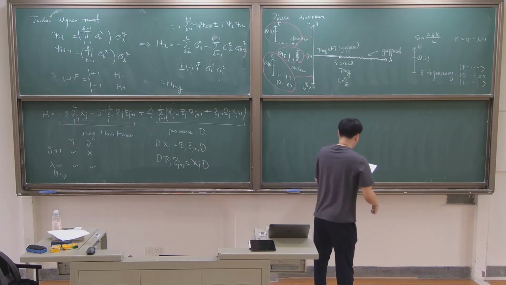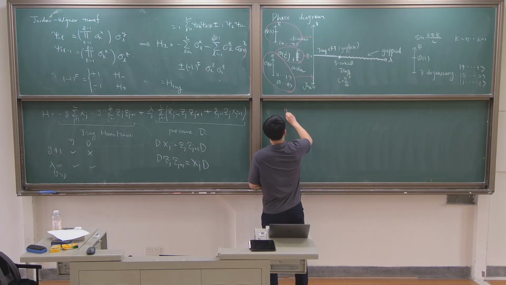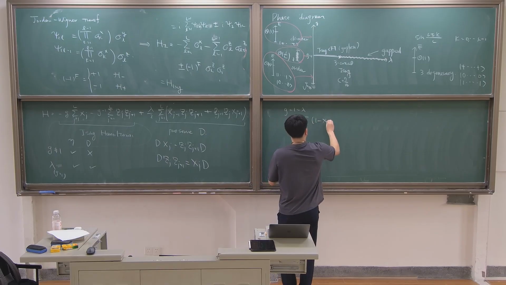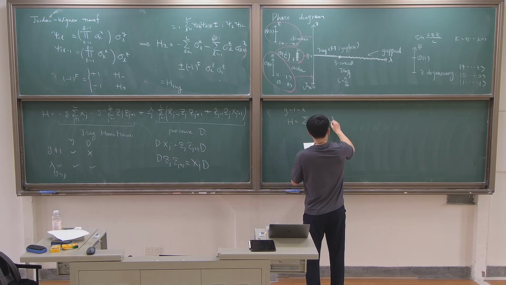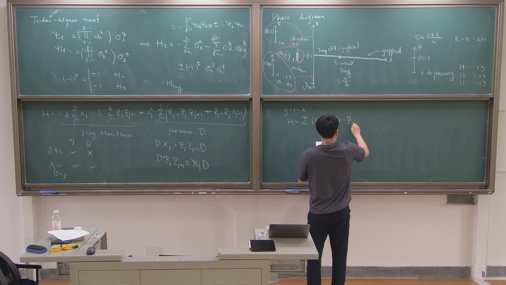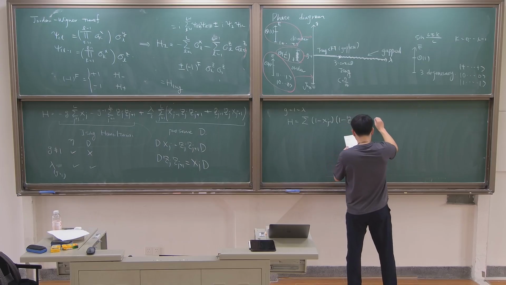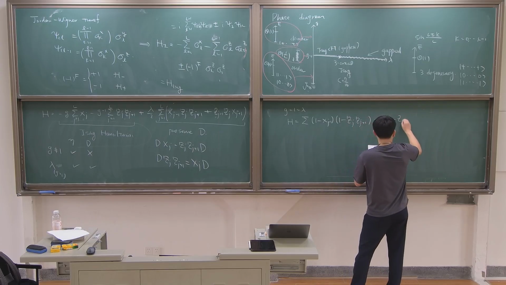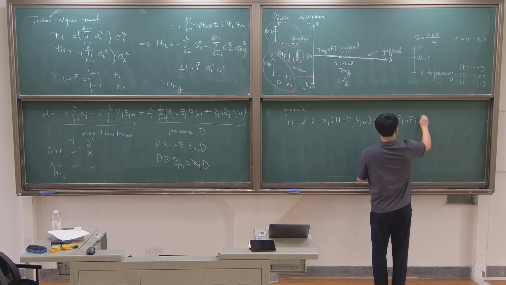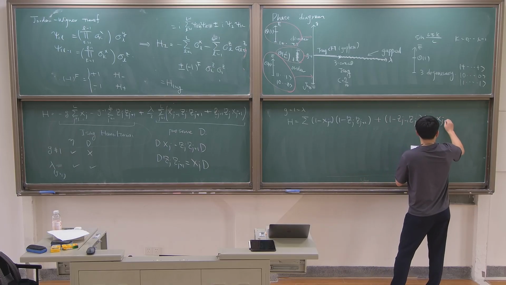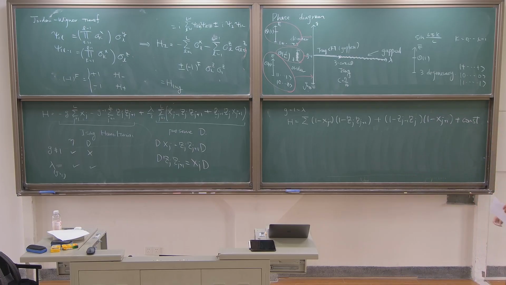And in particular, you just set g equal to 1 and lambda equal to 1, and this Hamiltonian can be written in a very simple way as follows.